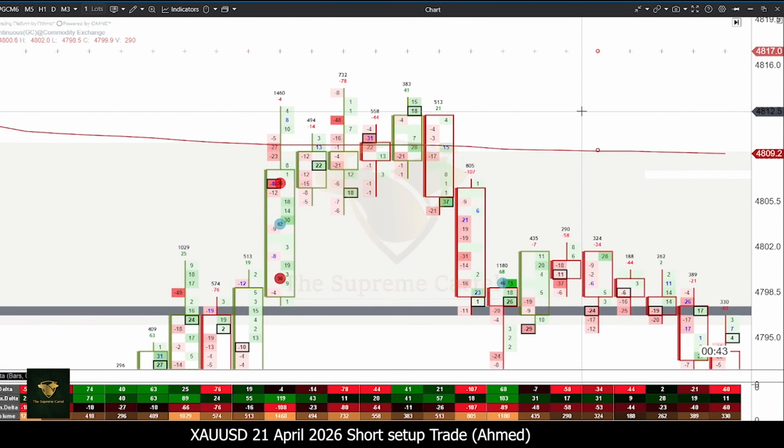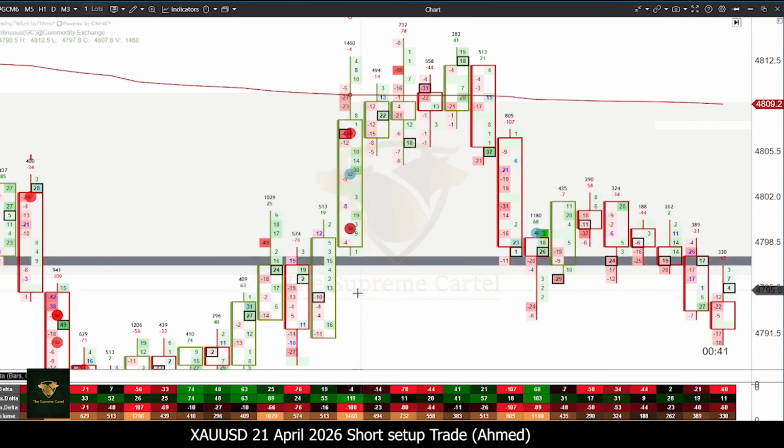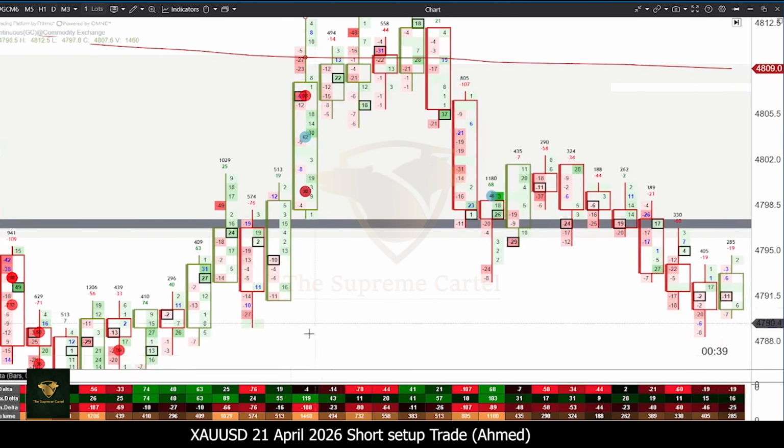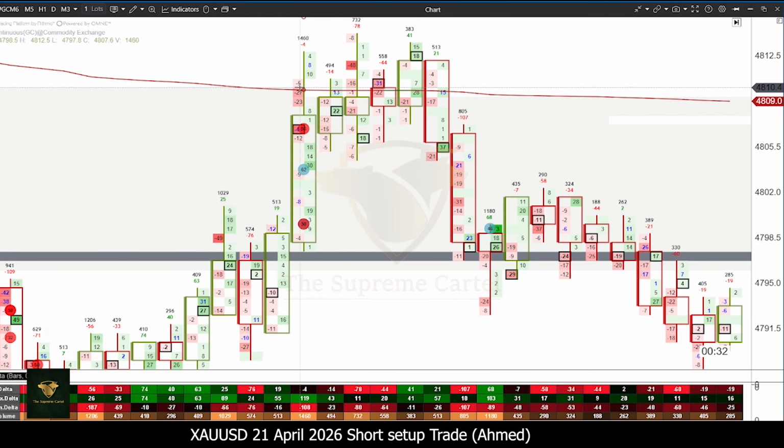Price came. Now, if you notice at these levels, you can see the buyers, the buyers, the buyers. The buyers were pushing hard towards this level. Now, if you notice over here, the buyers with very good strong volume: 1029, 574, 513, 1460. Decent volume.